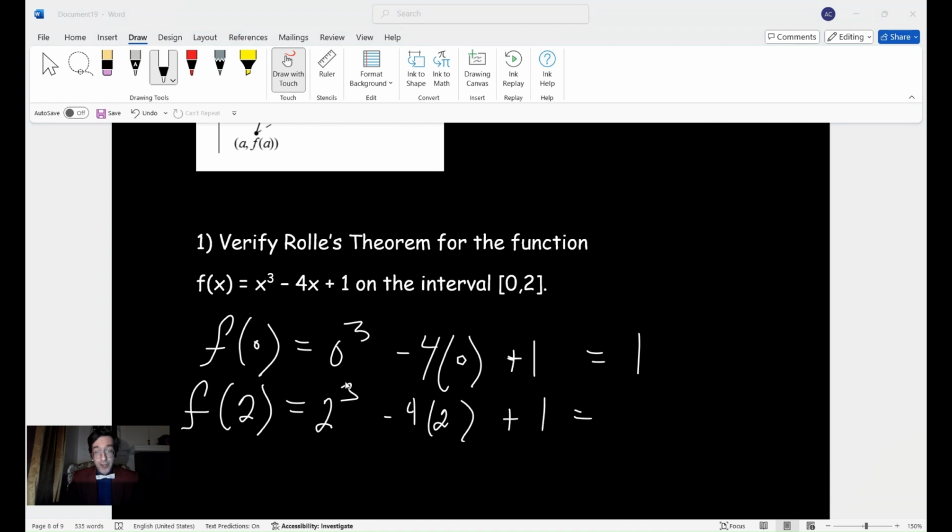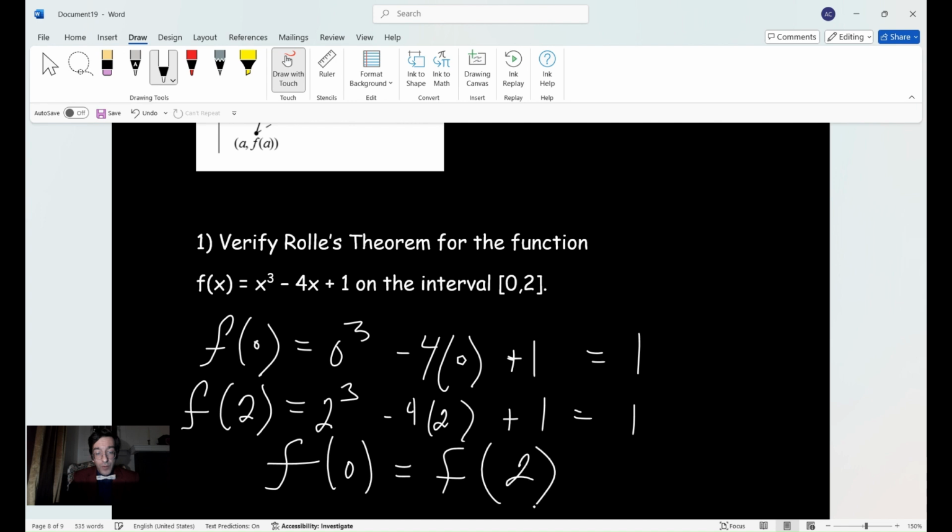So the third condition is satisfied, right? f of 0 equals f of 2. So we have our conditions here. Once we do this, all the conditions of Rolle's theorem are met.